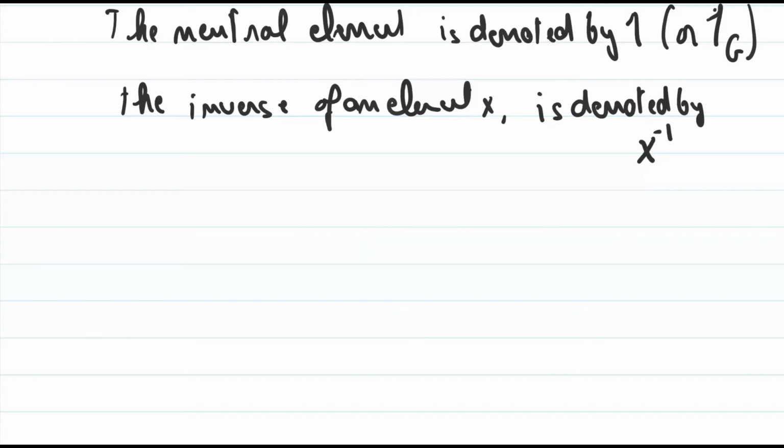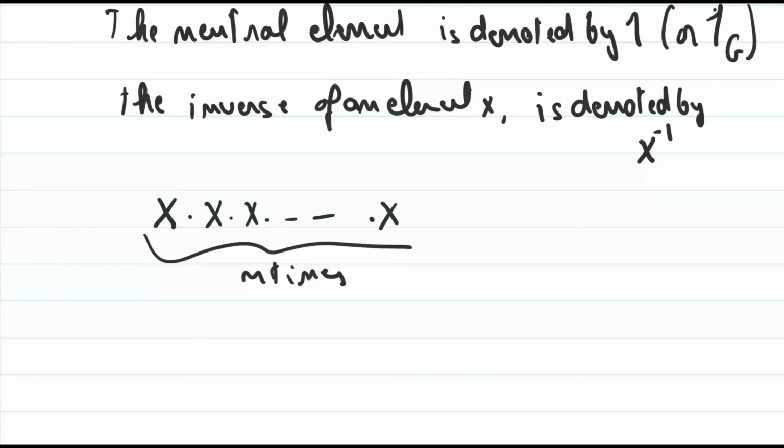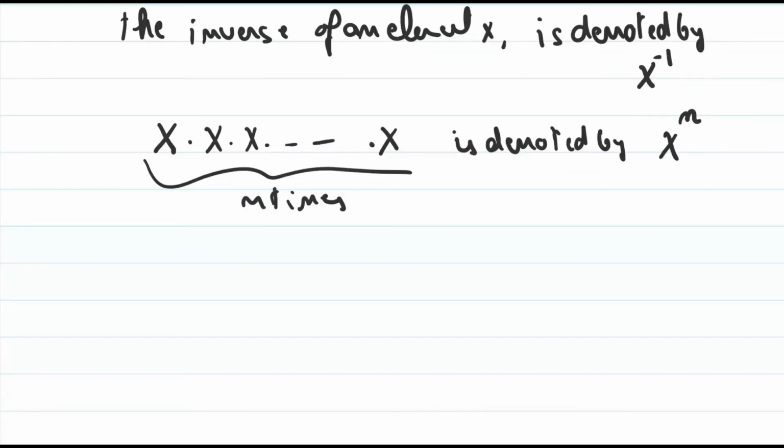And now, if I take an element x of a multiplicative group G, and I apply the operation x times x times x, etc., n times on this element x, I get an element of G. This element is denoted by x to the power n, where n is just some positive integer.